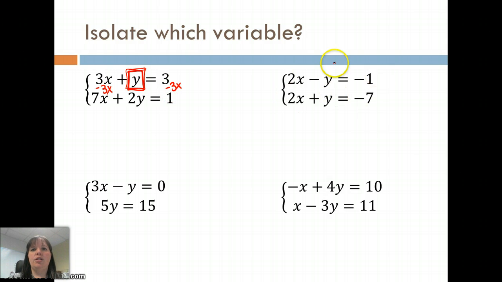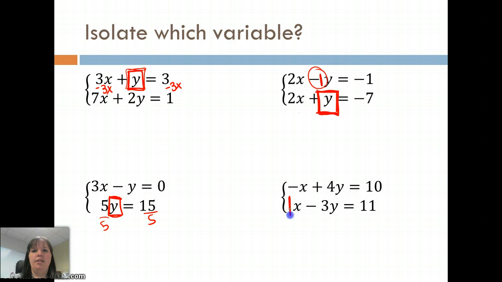In the second equation to the right here, which variable is going to be the easiest to isolate? Well, I see no number in front of y here, no number in front of y here, but this has a negative sign, so a negative 1. This variable would be the easiest to isolate. You're looking for one step. Which variable would I want to isolate here? Well, probably this y, because all I have to do is divide by 5 on both sides.